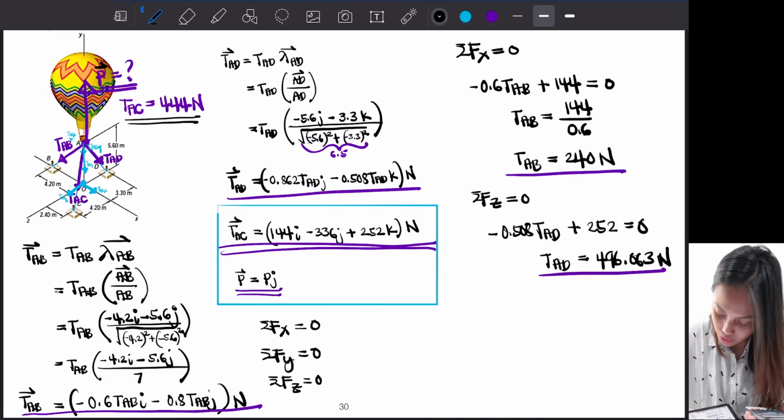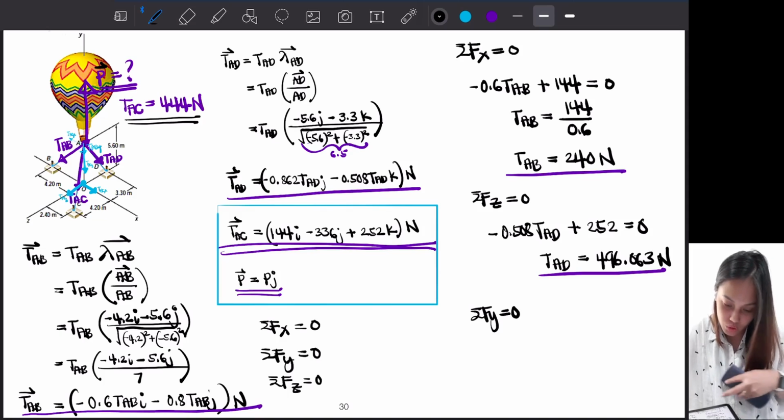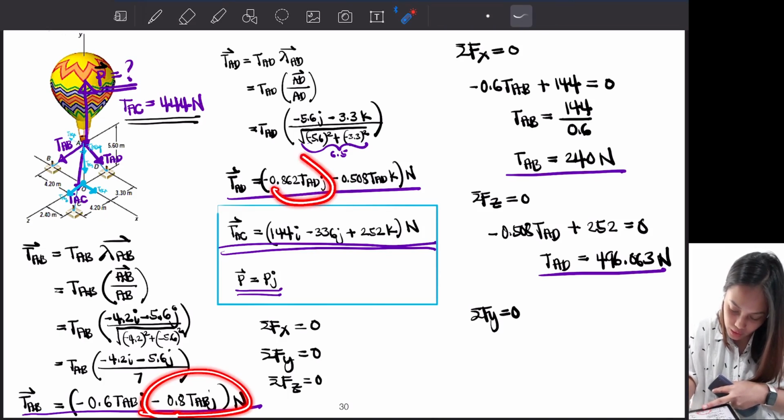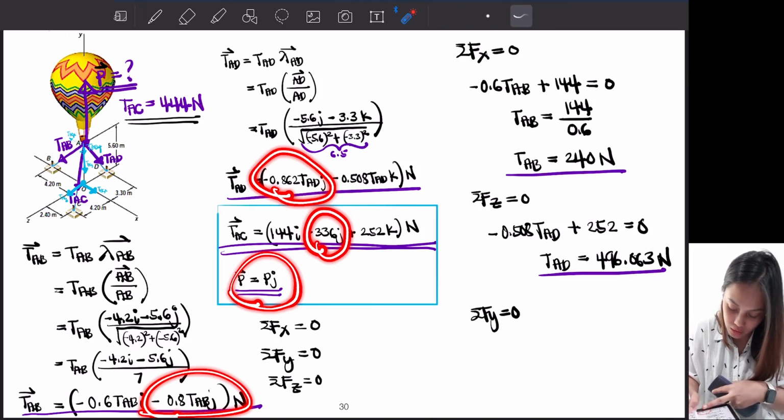Then last is summation of forces along y equal to 0. So sa TAB along y, o na siya.